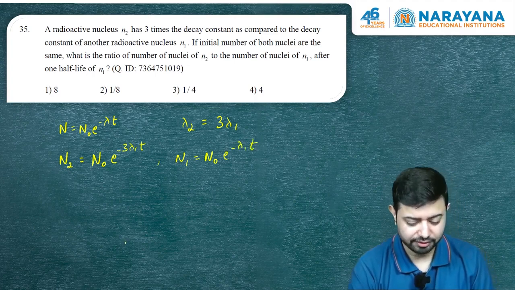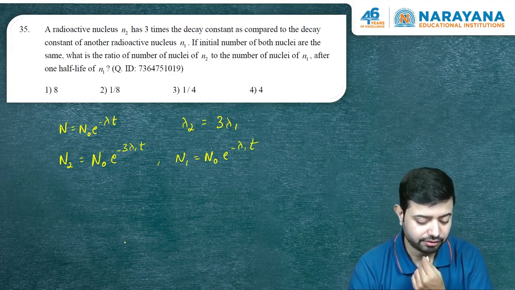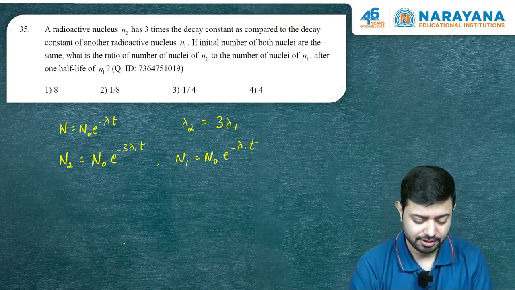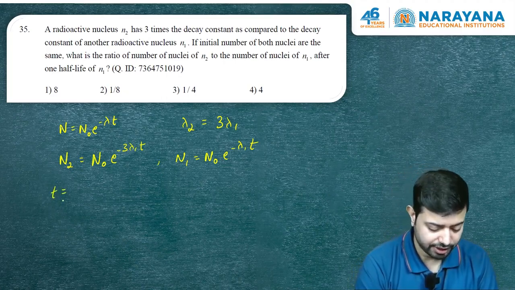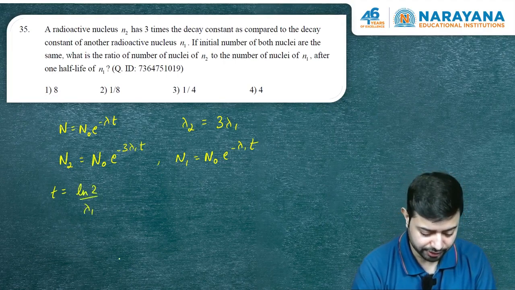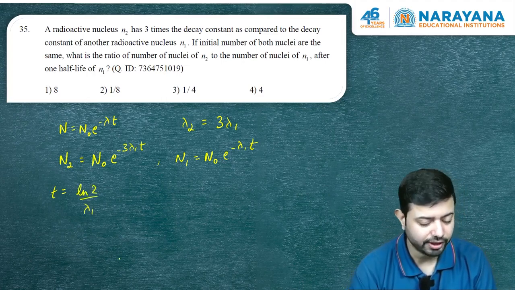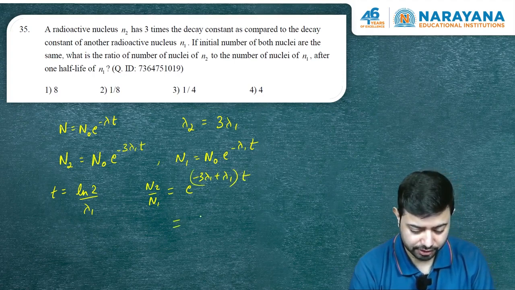Now, they are asking, if the initial numbers are the same, which is what we have already taken here, what is the ratio of the number of nuclei of N2 to the number of nuclei of N1 after one half life of N1? What is the half life time? It is ln 2 by lambda 1. This is the time you have to find. At this time, what is the ratio of N2 by N1? N2 by N1 is going to be e to the power minus 3 lambda 1 plus lambda 1 into t. And what is t?